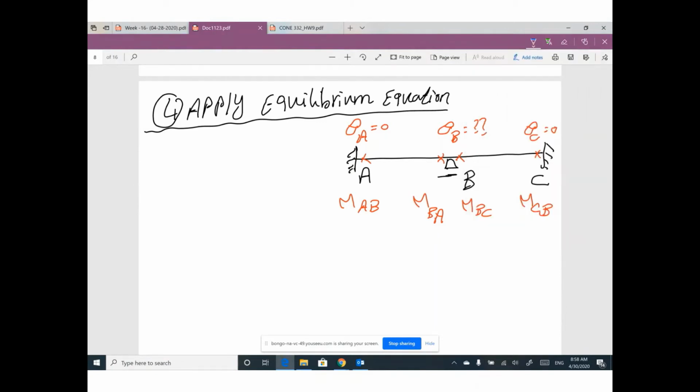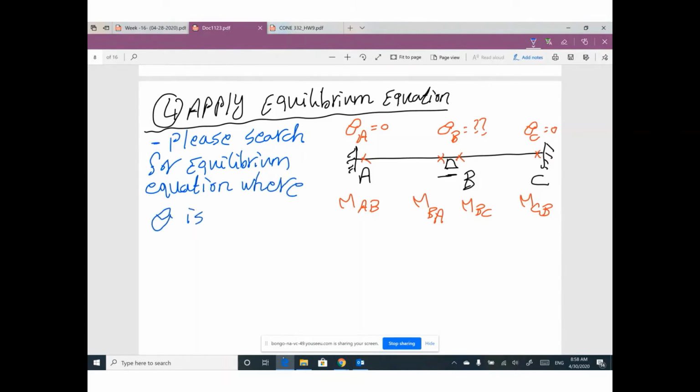I will give you a hint. Please search for equilibrium equation where theta is unknown. It's a hint for yourself. So let me ask you a question. Where theta is unknown?